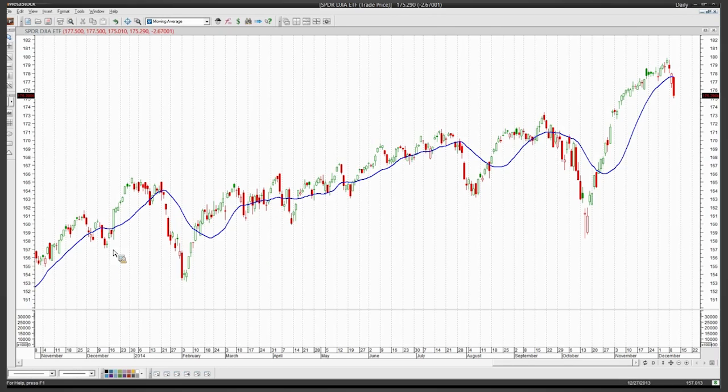Let's have a look. And what you want to do with this setup, when you do find a proper setup, is look to your left. Look back and look for other instances, for other setups on the same chart to see how well it would have worked. Because oftentimes you're going to find securities that work extremely well with it, and others where you don't get many setups.